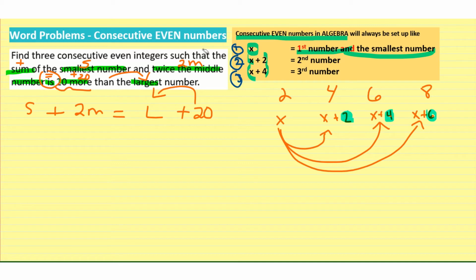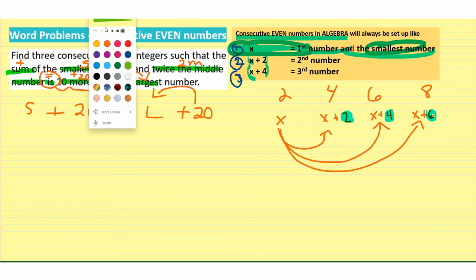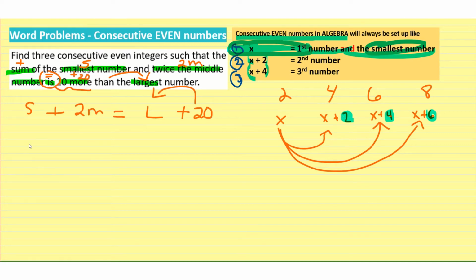Now we need to go back to how we set these things up with x variables. The smallest number will be x. Then it says plus 2 times the middle number.